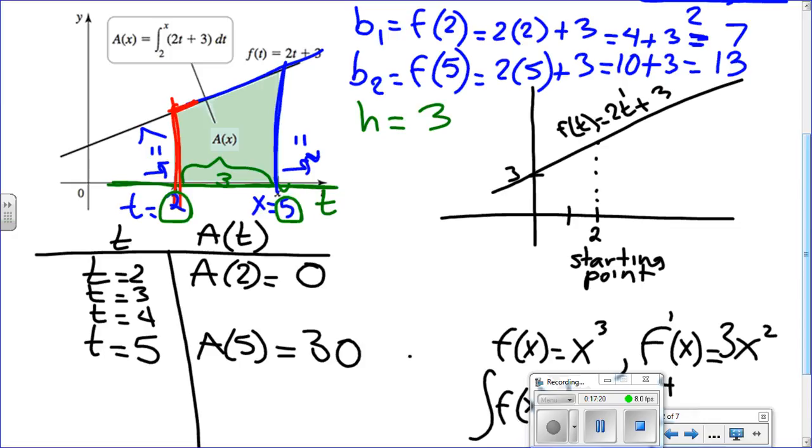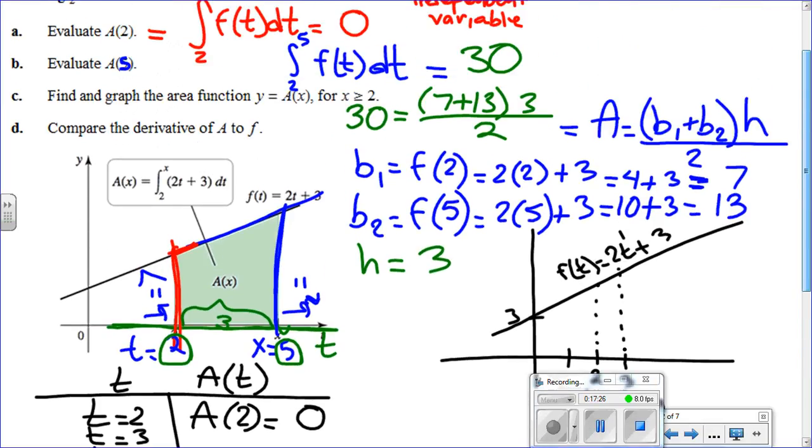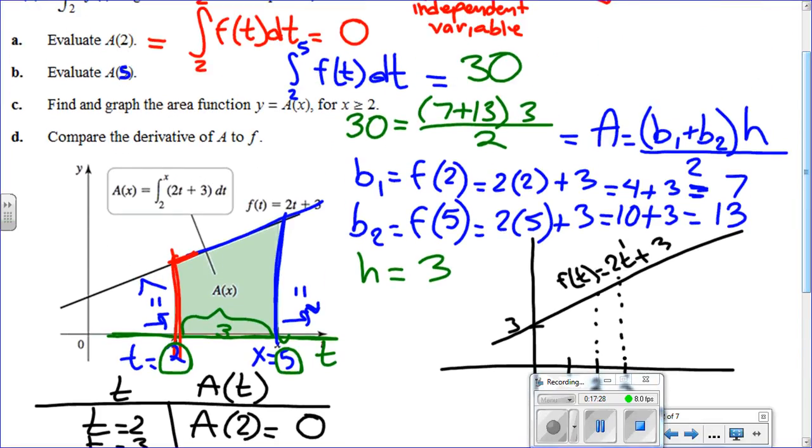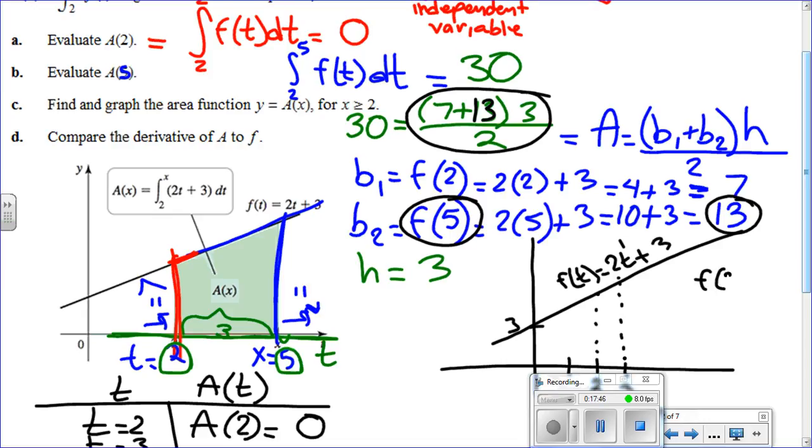So let's see, if we wanted to calculate the area at 3, we would use the same thing that we did here, but the difference will be this value right here, the 13. And how do we find that 13? You guys remember? We solved this f of 5, so we substituted that. So then what we're going to do is find f of 3.